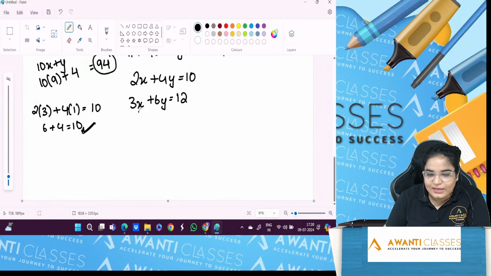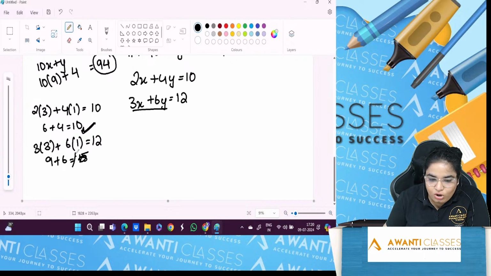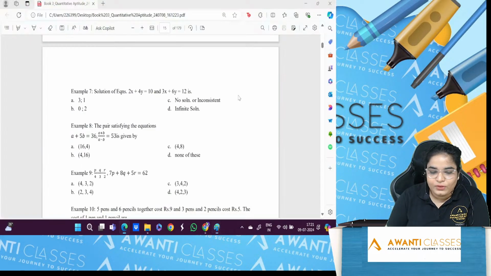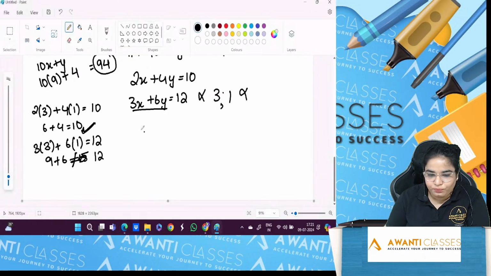But look at the second equation then. If x is equal to 3 and y is equal to 1, is it 12? 3 3s are 9 plus 6 is equal to 15, no? It is not equal to 12, no? So that is inconsistent. 3 and 1 is wrong. Second option 0 and 2.